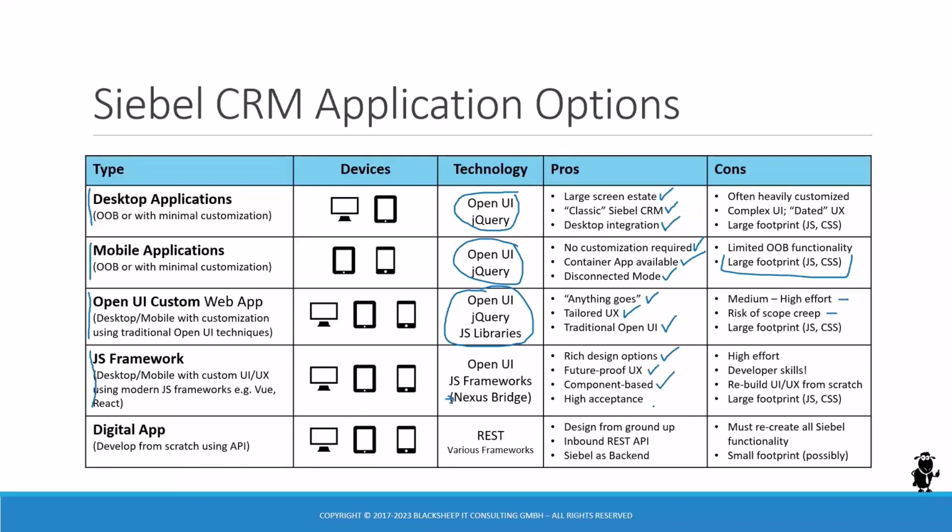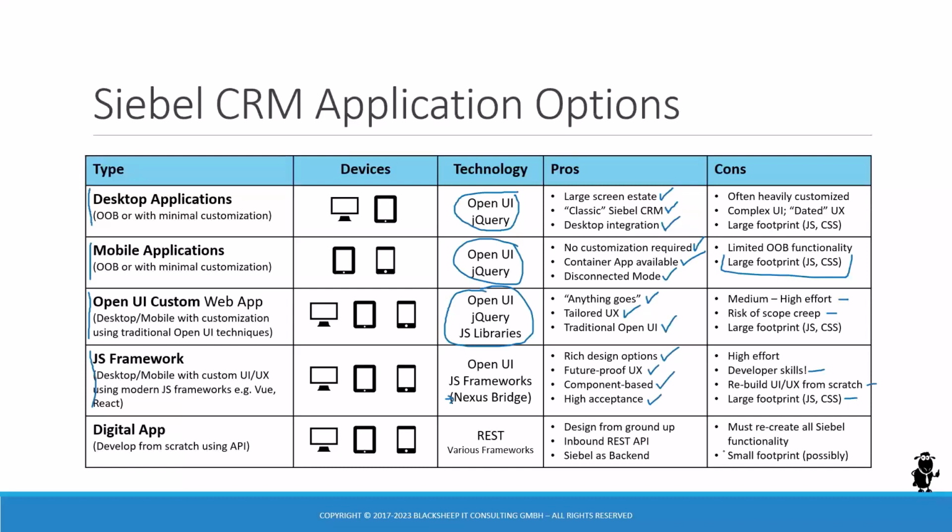It's typically component-based and high acceptance among the developers. But you need skilled developers. You need to understand that you're rebuilding the entire UX. It's not classic Siebel UI anymore. And the footprint is still large because you have to load all of Siebel and then something on top.